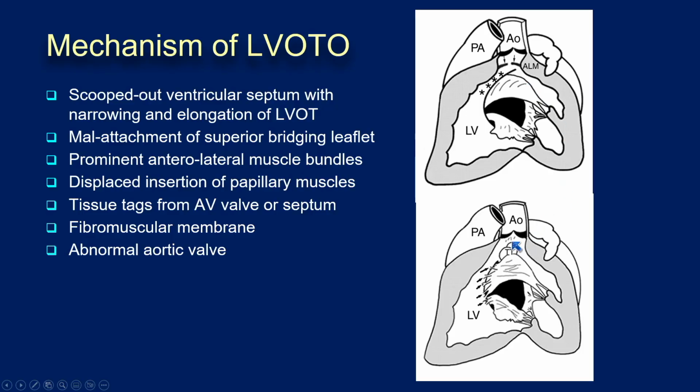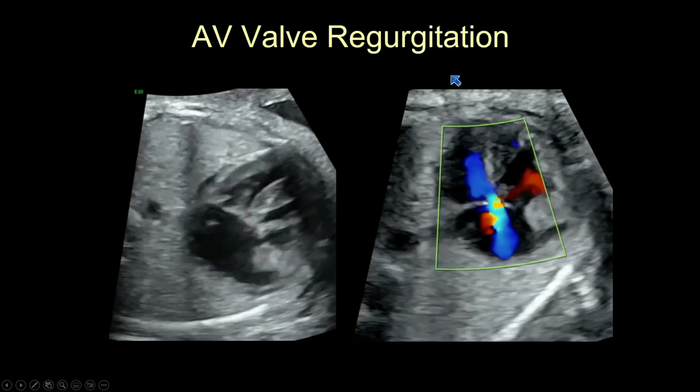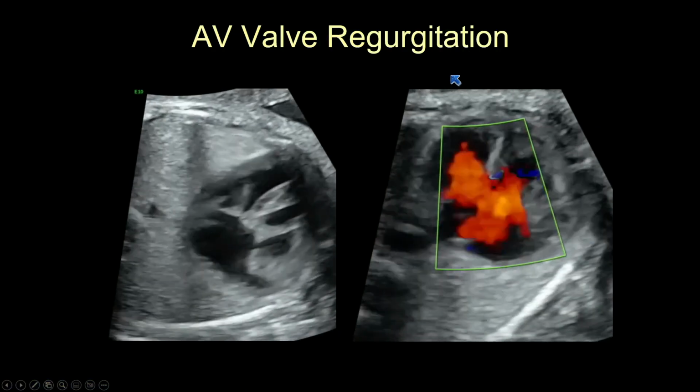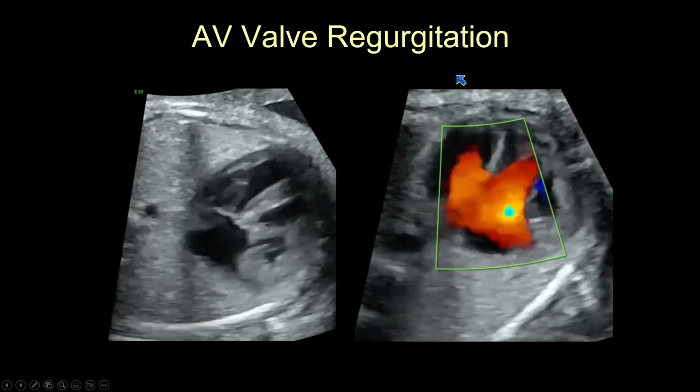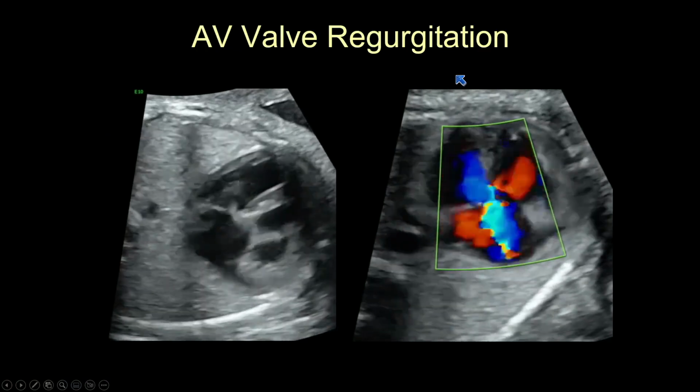But there are other things that can cause it apart from abnormal aortic valve, like membranes, muscle bundles, tissue tags, and it's not unusual to have left ventricle outflow tract obstruction, which is one of the very worrisome things we see.